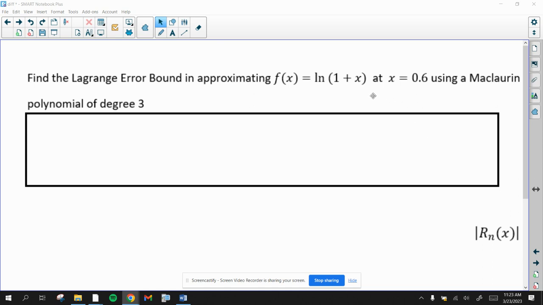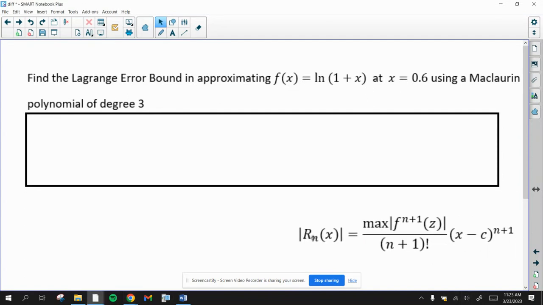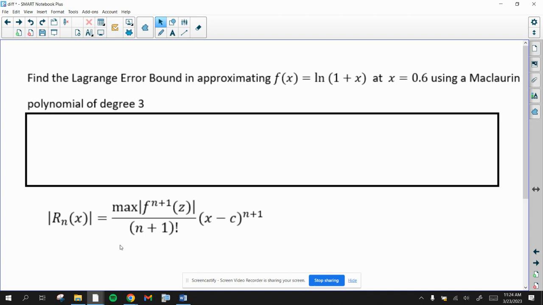So first of all, let's talk about what the Lagrange error bound is, and it's this. It's R of n because it's the remainder. It's what the actual value is minus your approximation with the Taylor polynomial. So if you subtract them, that's called the remainder.